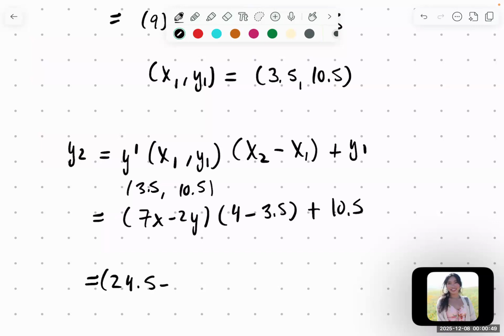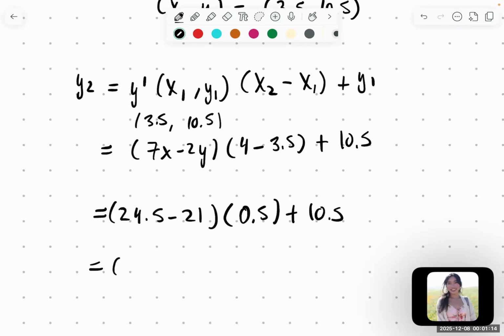We're gonna have 24.5 minus, which is gonna be 21. This is usually, for this part, going to be just 0.5, but you could just compute it just in case. But it should be 0.5. Okay.